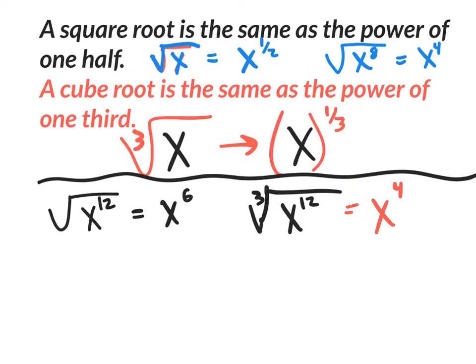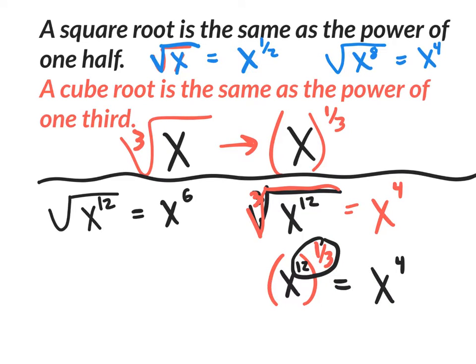Now, if you wanted to show some work, you could say, okay, this cube root is going to change to the power of 1/3. You don't have to show this work. And on the inside, you have x to the 12th. Power to a power, you multiply. 12 times 1/3 is really 12 divided by 3. That's how you get x to the 4th. So when we're doing the cube root of a variable to a certain power, we love for that exponent to be divisible by 3.